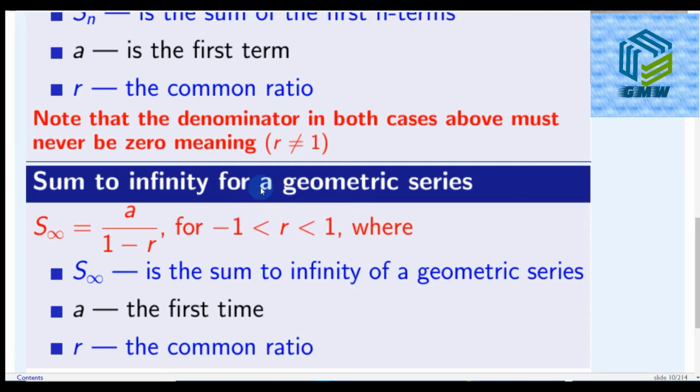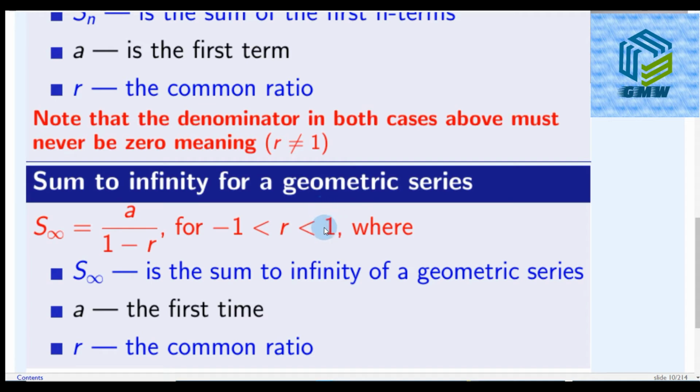There is a condition for you to be able to calculate the sum to infinity. The value of r that you calculate must be between minus 1 and 1. And remember, the end values are not included. That's why we have strictly less than, strictly greater than here. Why?